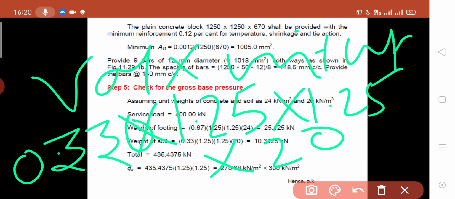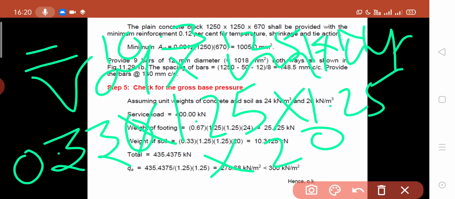So we get the final value, 10.3125 kilonewton. This is the weight of soil.